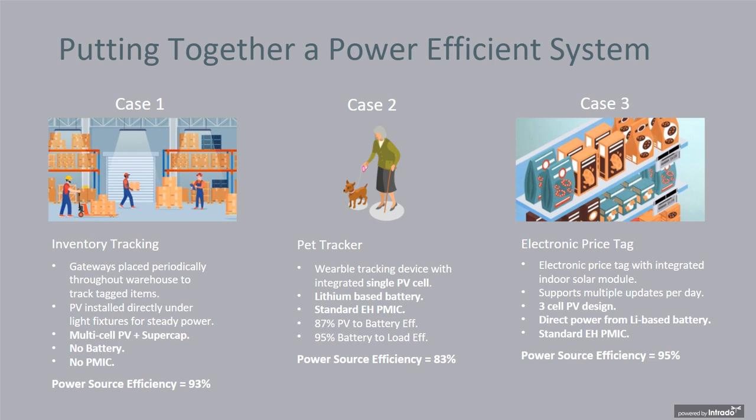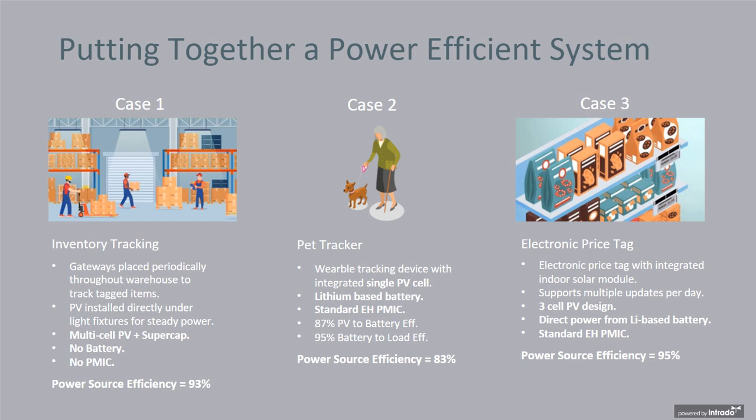We can eliminate the PMIC because since we have that regular lighting, we can use a higher voltage panel. And then we just throw a super cap in to stabilize everything. That results in a total system efficiency of 93%, which is just the diode drop across from the solar to the system. So that's a good case where you can eliminate a bunch of middlemen and get a very efficient, low-cost, simple system.